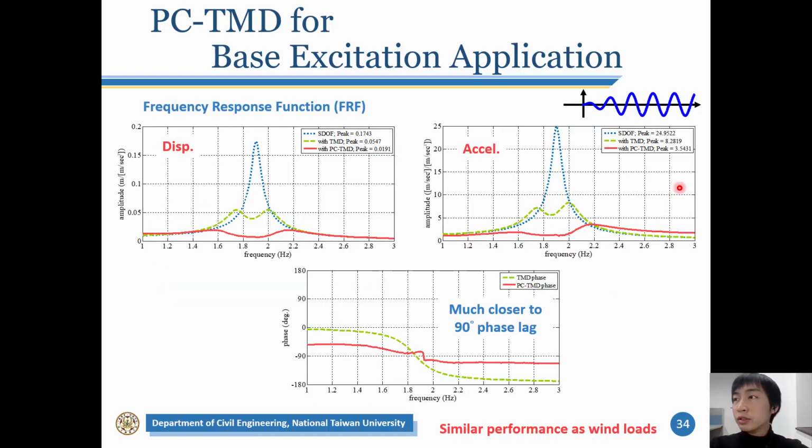The frequency response is very close to the response under the wind loads. The phase of the phase control tuned mass damper is much closer to minus 19 degrees than the passive tuned mass damper, so it outperforms the traditional tuned mass damper.